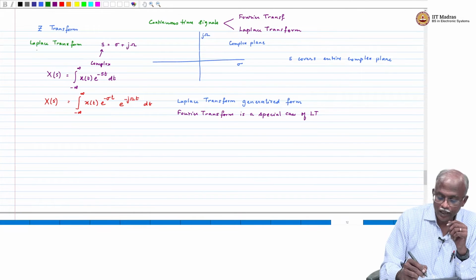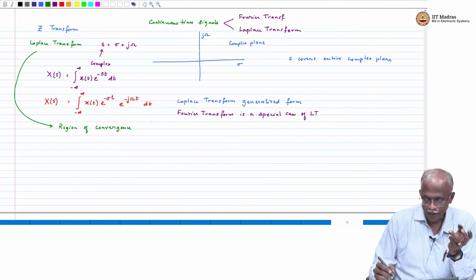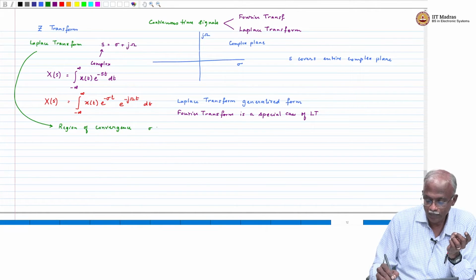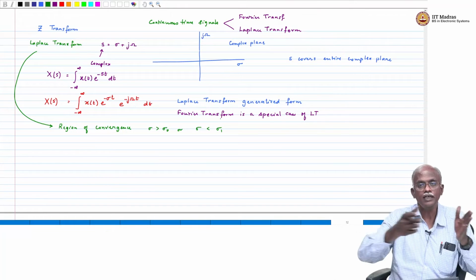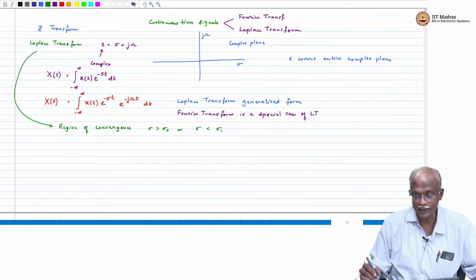Whenever we write down the Laplace transform, we also write down a region of convergence. We will typically say that sigma is greater than sigma naught or sigma less than sigma 1. It is given in terms of the real part, where the region of convergence lies.